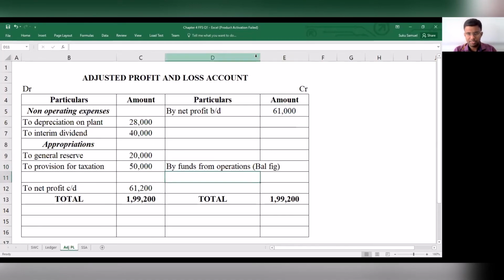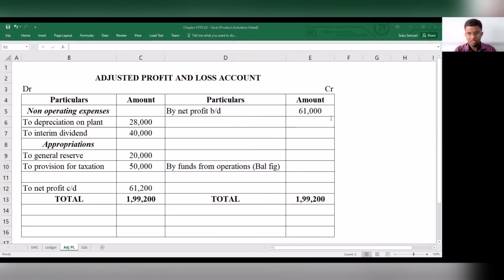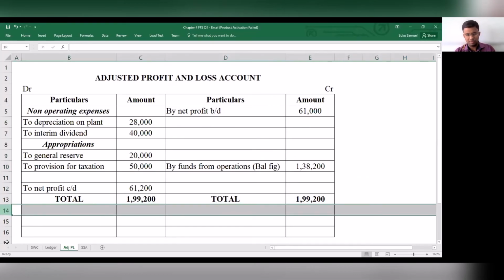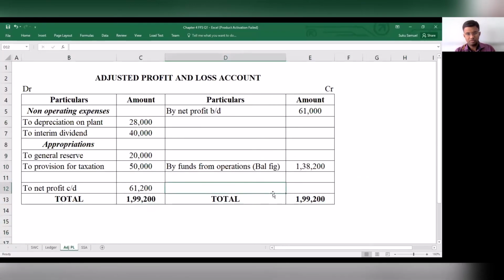Let's quickly calculate: the balancing figure would be the difference between these two, which is 1,38,200. This we will have to carry to step 3. So with that, we have completed the preparation of the adjusted profit and loss.